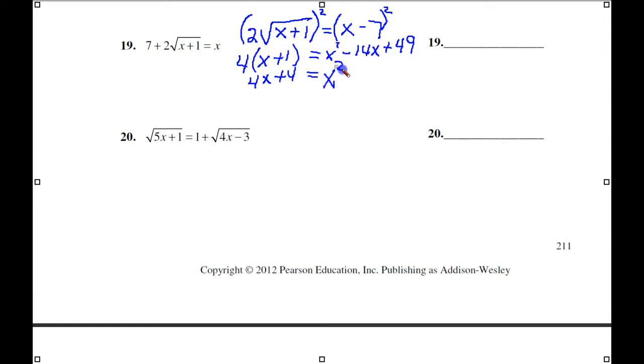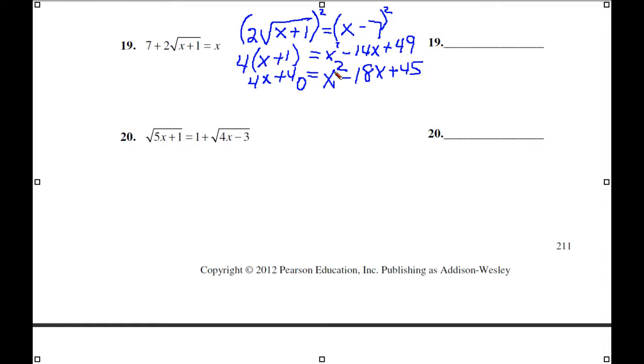So this is x squared. On this side it becomes a minus 4. So that makes this a minus 18x. And this is a plus 4. Becomes a minus 4 on this side. So that then becomes plus 45. And then all of this now equals 0.